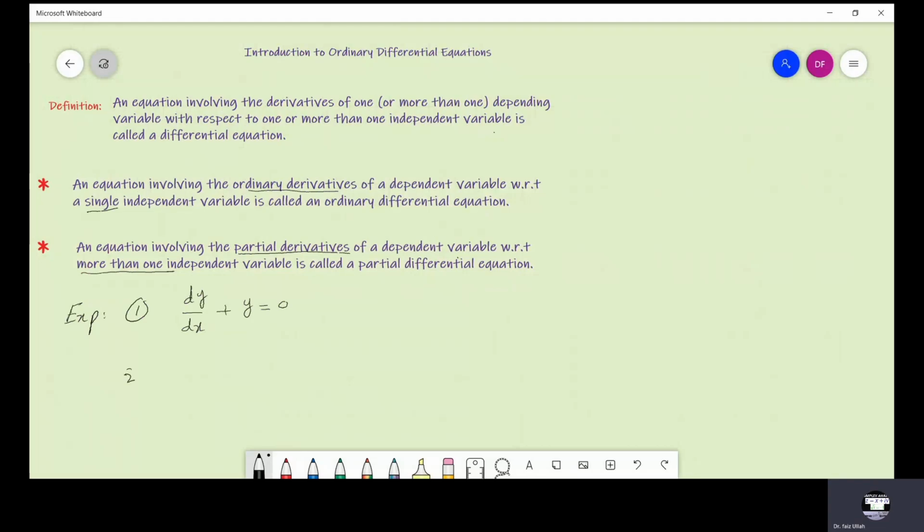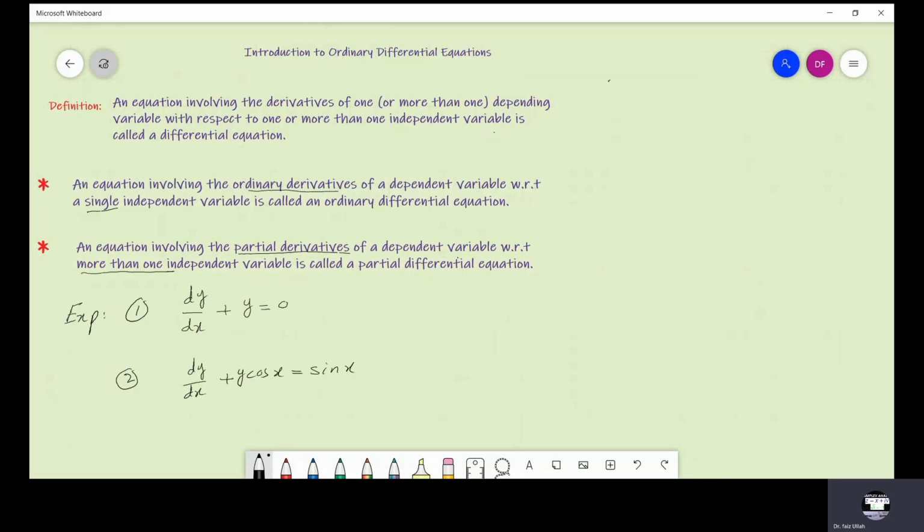Let us see another equation: dy over dx plus y cos x is equal to sin x. And we can see this equation involves the ordinary derivatives of a dependent variable y with respect to an independent variable x. So this is an ordinary differential equation.